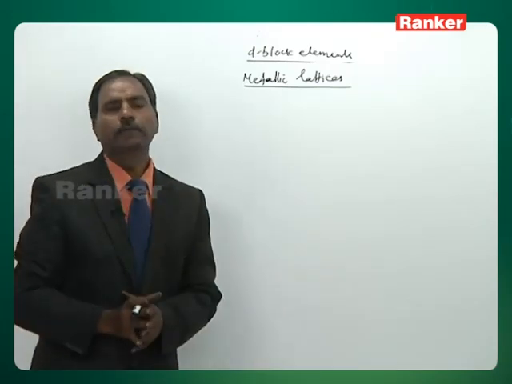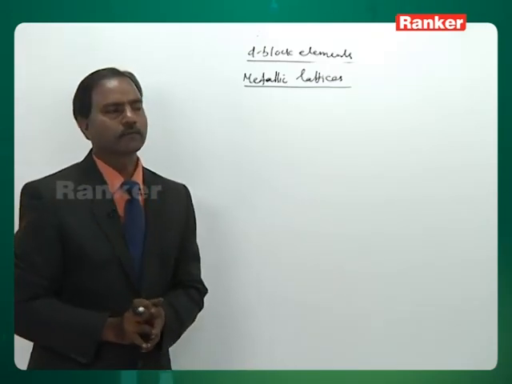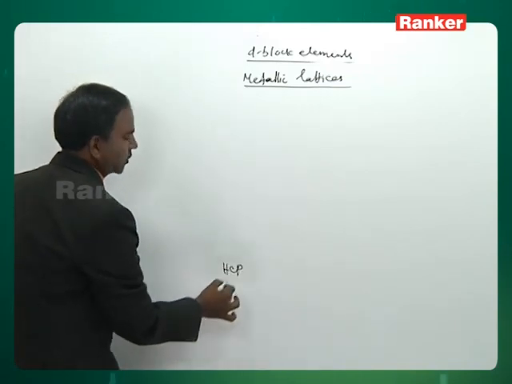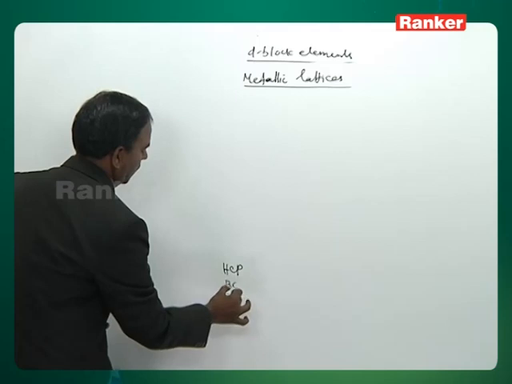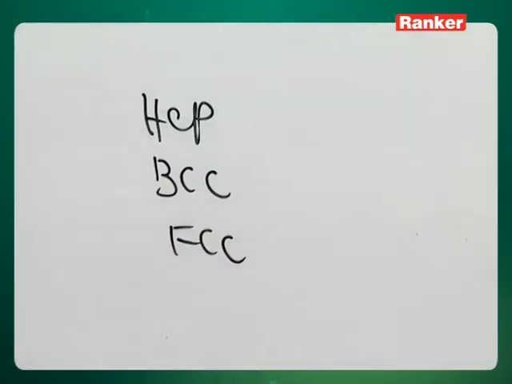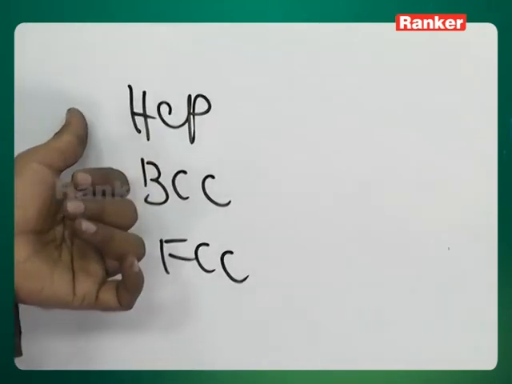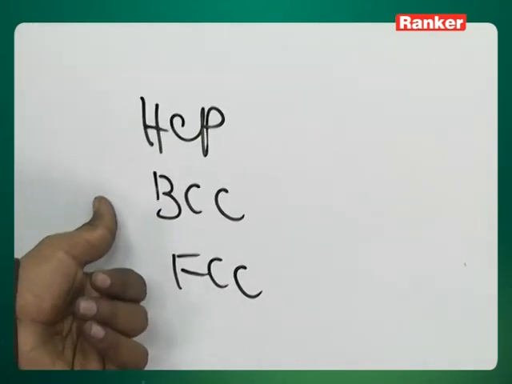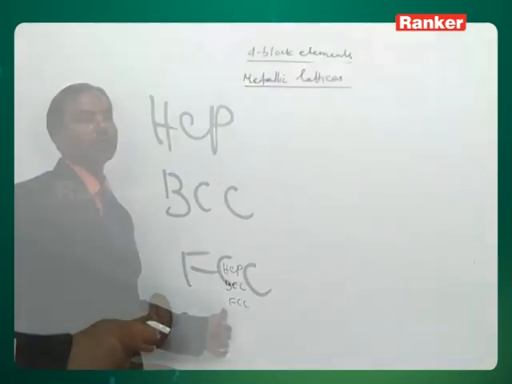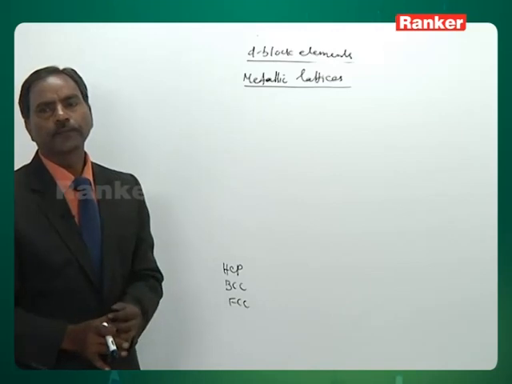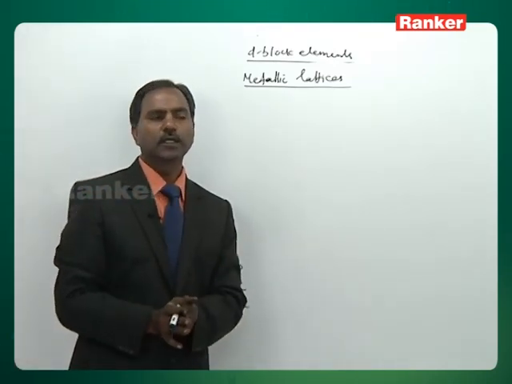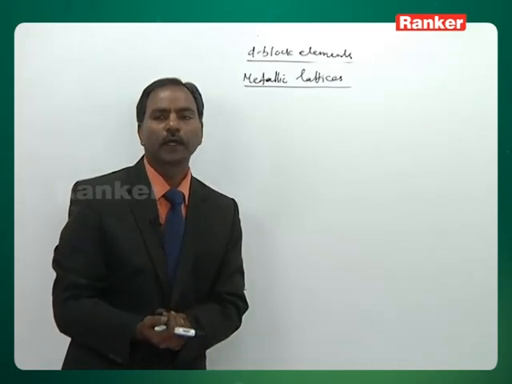Generally any metal possesses one of three metallic lattices: HCP, BCC or FCC. HCP means hexagonal close packing, BCC body centered cubic, and FCC face centered cubic. Questions appear on these metallic lattices.